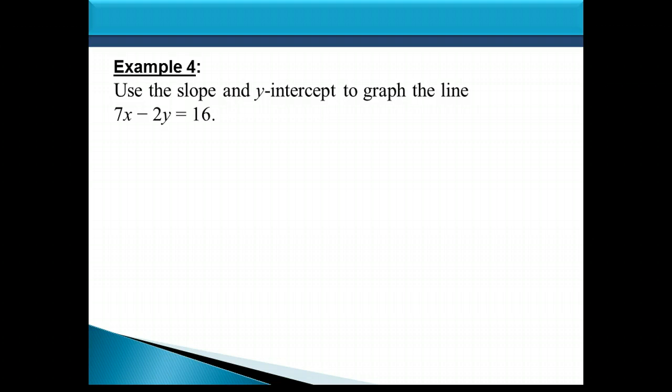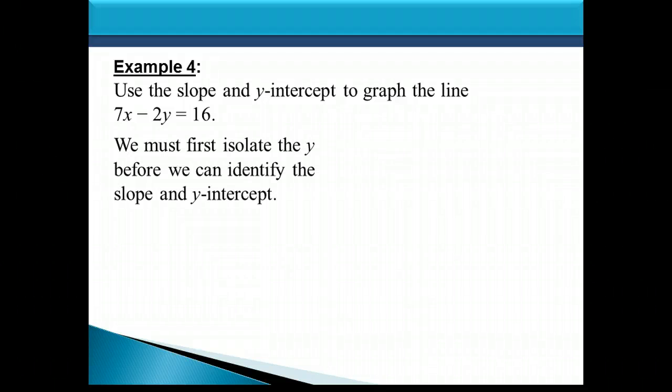Okay, let's try this again with a new example. Here we're going to use the slope and y-intercept to graph the line represented by the equation 7x minus 2y equals 16. Notice that this one does not have the y isolated, so we're going to have to first isolate the y before we'll be able to identify the slope and y-intercept.